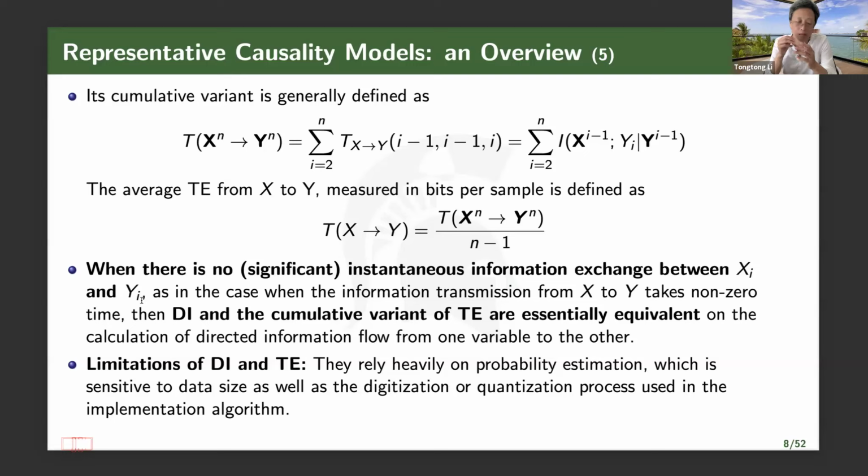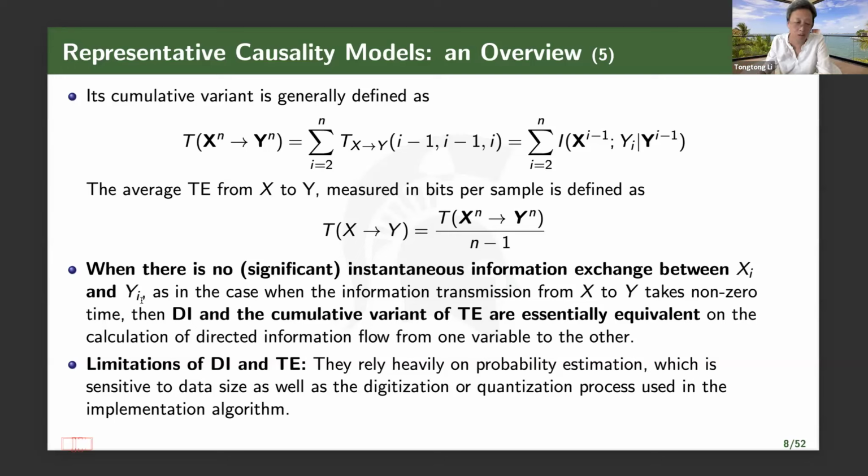For example, if the communication between one brain region and the other takes non-zero time, then X_i will not have direct impact on Y_i, but X_(i-1) may have.